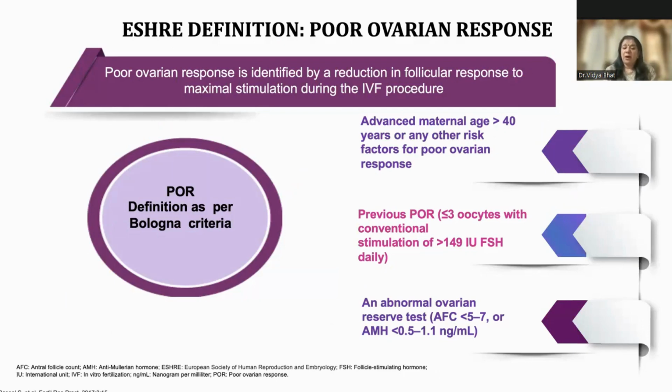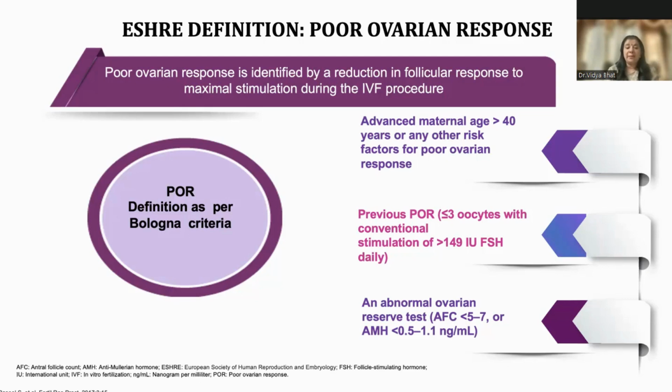Previous IVF cycle with oocytes on conventional stimulation equal to 3 or less. An abnormal ovarian reserve test, that is less than 5 to 7 follicles, or AMH less than 0.5 to 1.1.